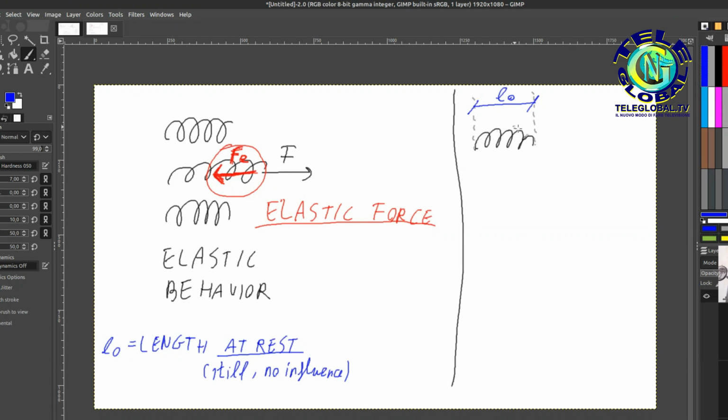So you have a spring that has a certain length at rest. Then you can apply a force to it, and it will become stretched.